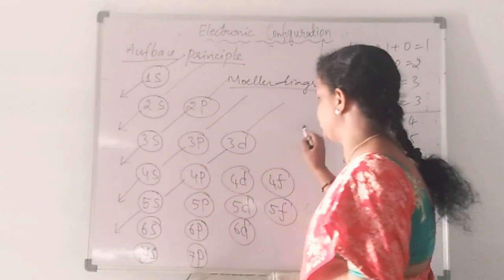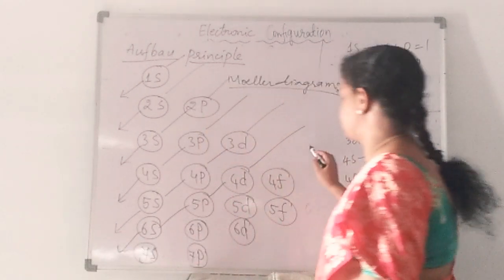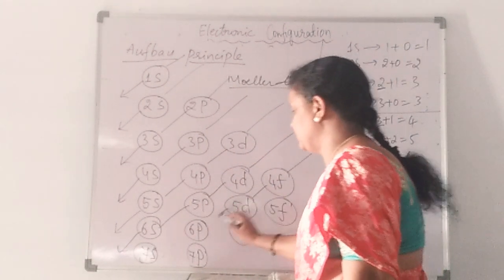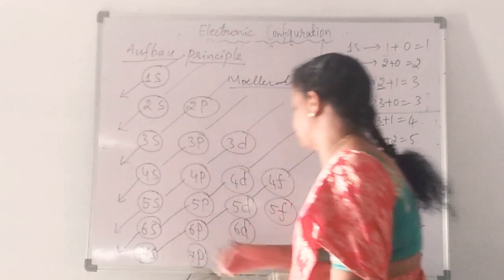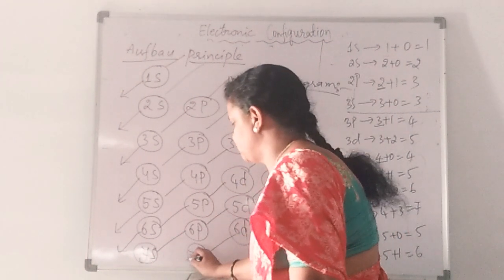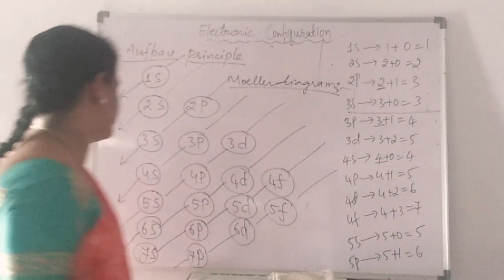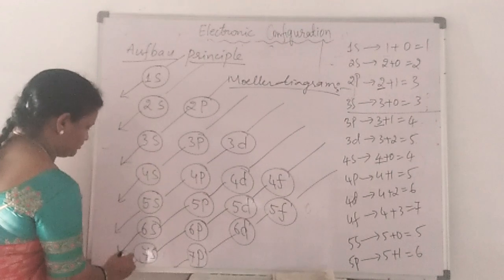After 5s is completed, 4d, 5p, 6s. After 6s is completed, 4f, 5d, 6p, 7s. After 7s is completed, 5f, 6d, 7p, then 8s. Like that, electrons are accommodated in these particular subshells.